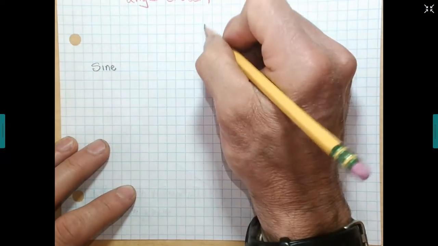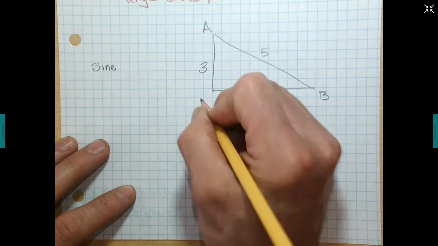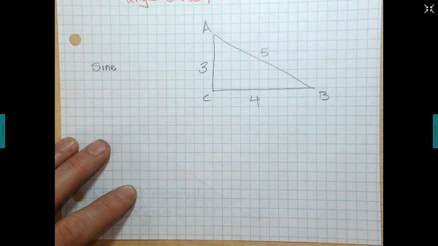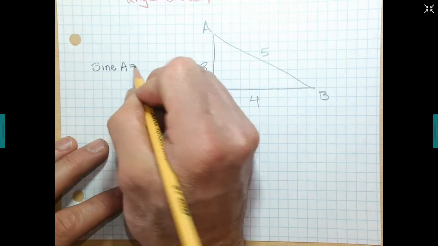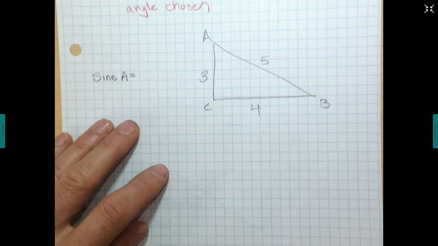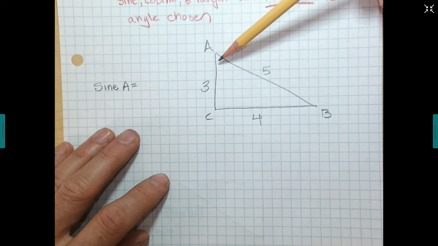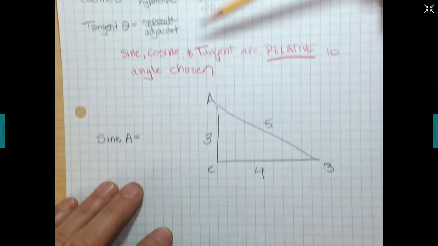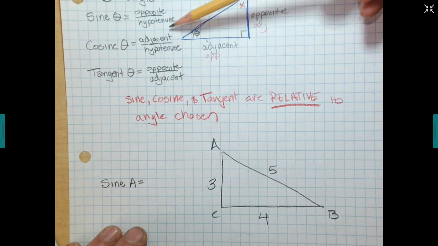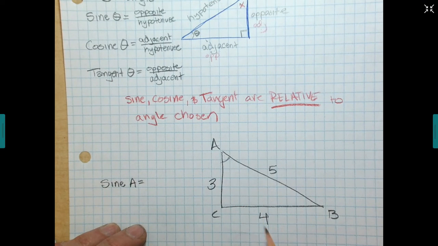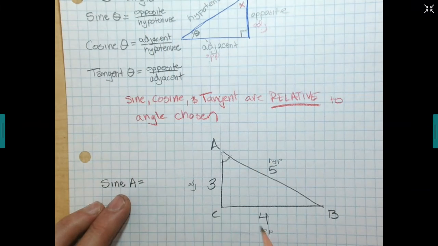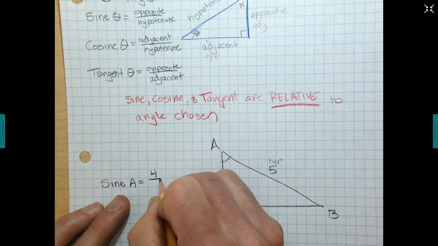Let's call the angles A, B, C. So let's say sine A. Here's angle A, so this is the angle I'm relative to. I go up here and I see sine is opposite over hypotenuse. If this is my angle, this would be opposite, this would be adjacent, and this would be the hypotenuse. So sine is opposite over hypotenuse.